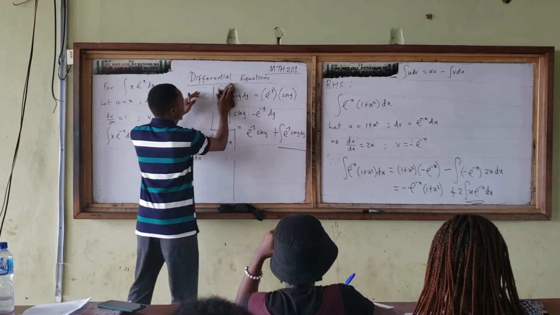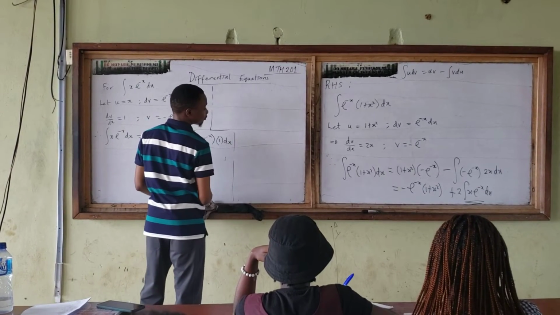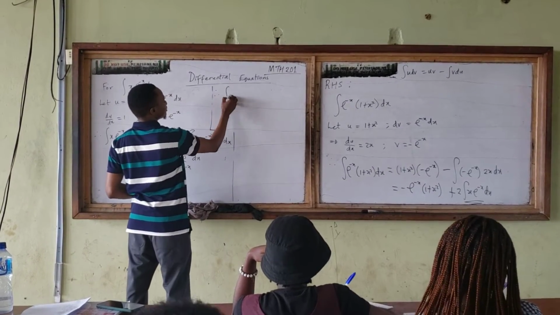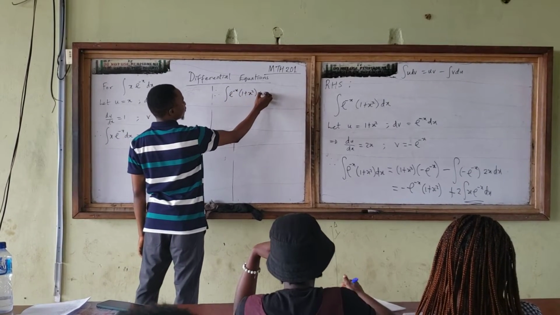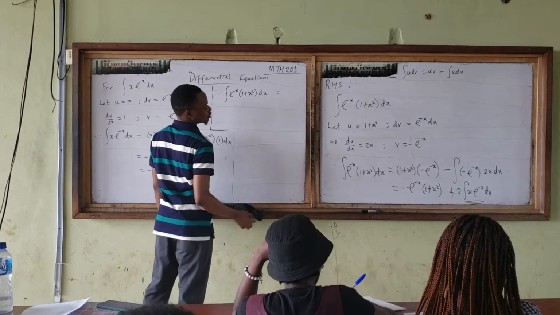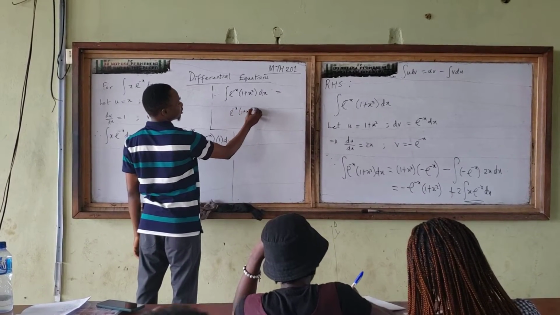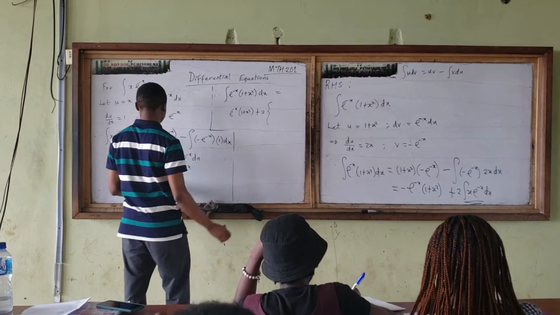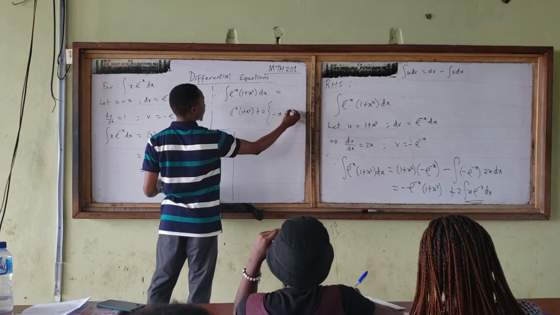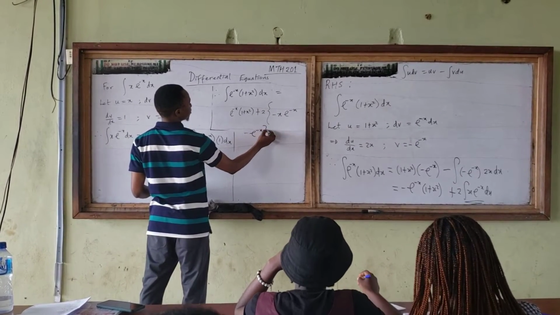So you can move all of this to that. Therefore, our integral of e raised to power minus x into 1 plus x squared will be equal to e raised to power minus x into 1 plus x squared plus 2 times minus x e raised to the power minus x minus e raised to the power minus x.